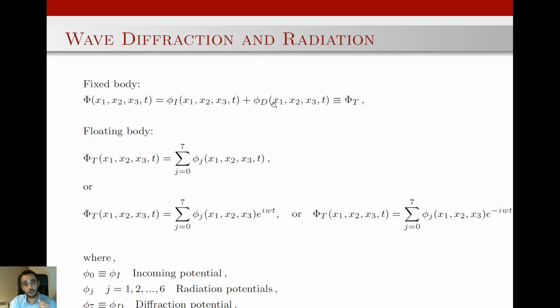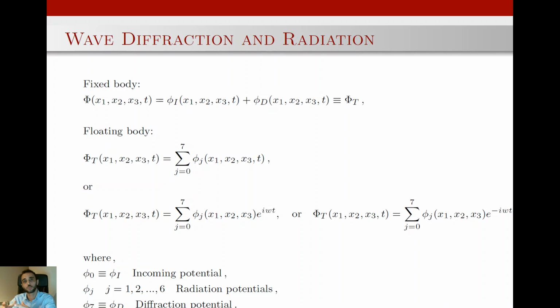And because our governing equation, Laplace's equation, is linear, we can linearly add these potentials together. Assuming each of these is a solution of Laplace's equation, the sum of them will also be a solution to Laplace's equation. Now, if the object is floating, we will have one extra category of potentials.